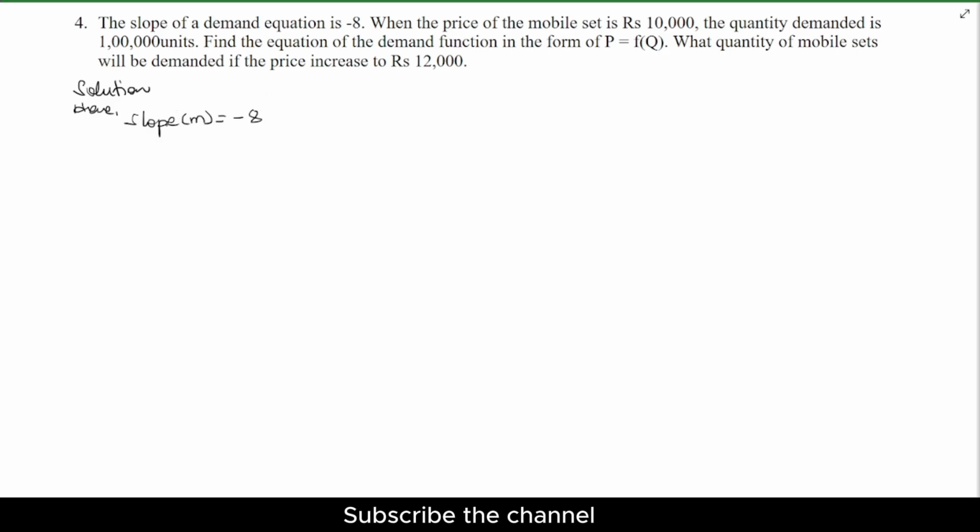The price equals 10,000; let us write it as 10 in terms of 1000, and the quantity is 1 lakh, that will be 100 in terms of 1000, so that it will be easy for us to solve.